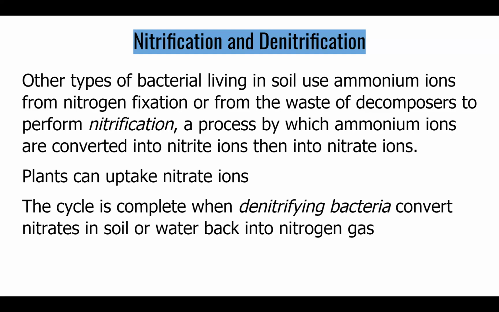Plants will take up that nitrate and use it. Consumers will eat those plants, get the nitrogen they need that way. And then when those consumers die, denitrifying bacteria will take the nitrates in the soil from decomposition and turn it back into nitrogen gas where it is released into the atmosphere again.